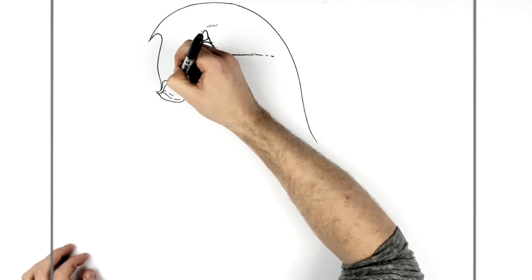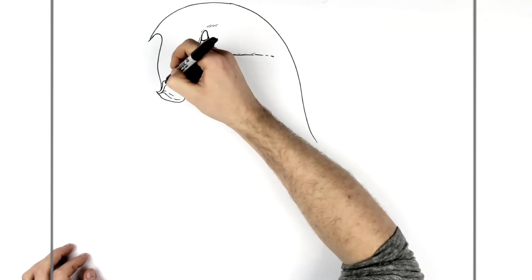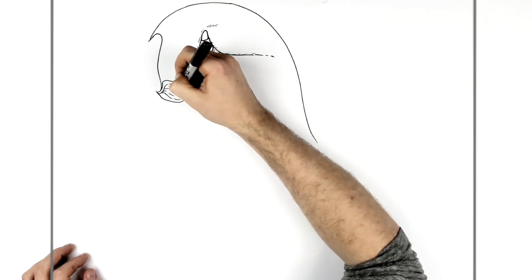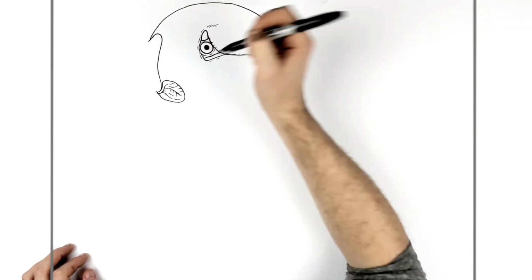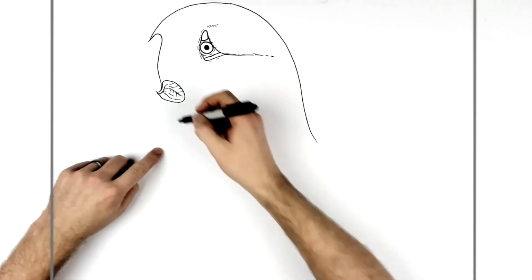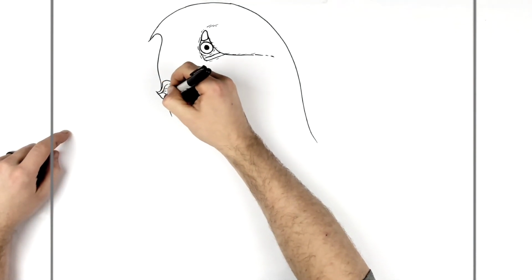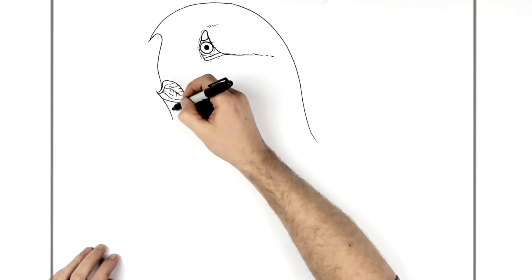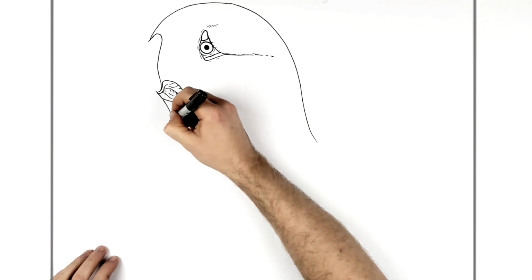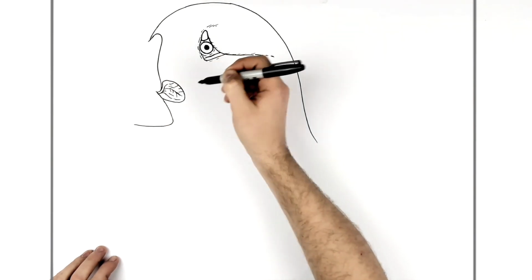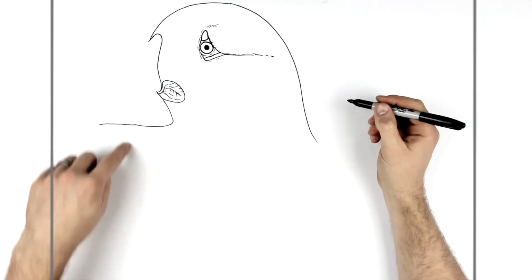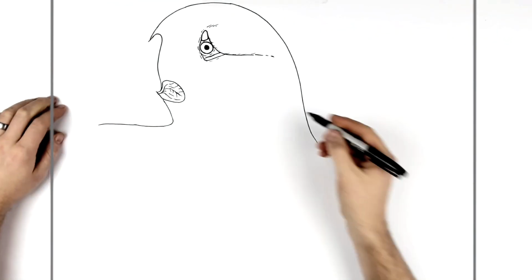And then all these little wrinkles and texture lines on them. Like that. Then the bottom of the beak will keep going around here, and then we'll bring it this way. Like that.